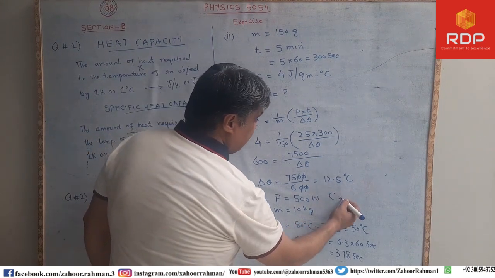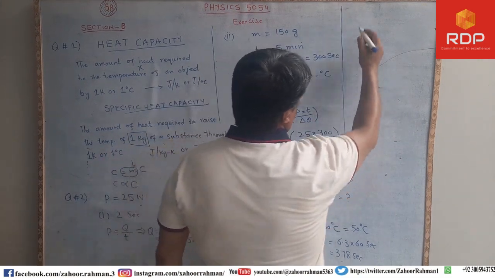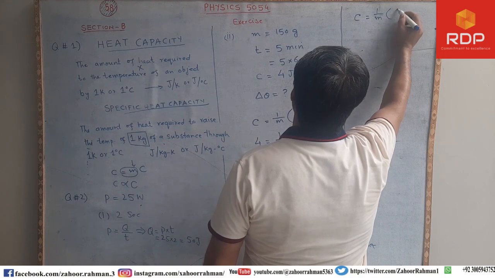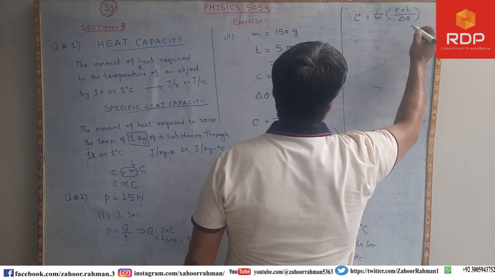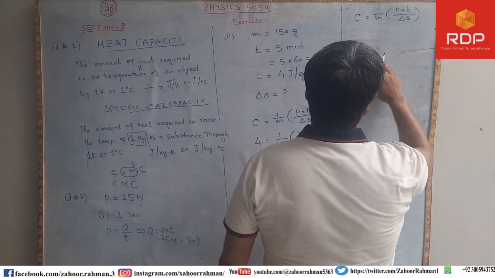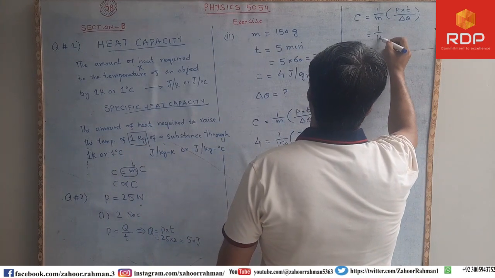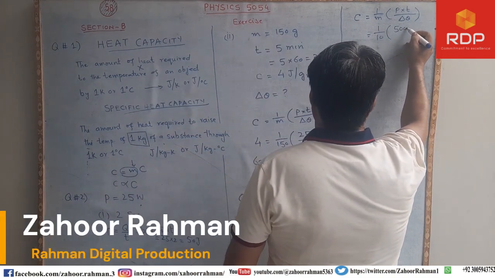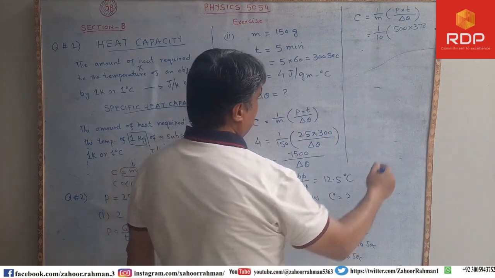Calculate the specific heat capacity. Here I am writing that we have to find small c, and small c is again equal to m p cross t divided by delta theta. Everything is given. So we have to write m, that is 10, 1 over 10, and p is 500, and that is 378 T. Here we found it.